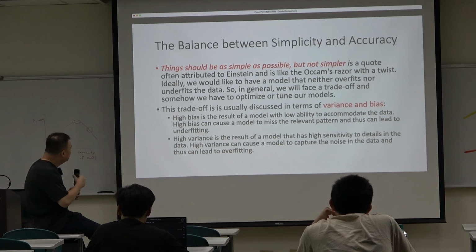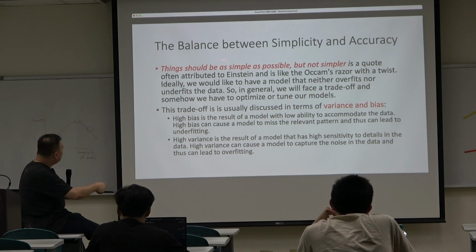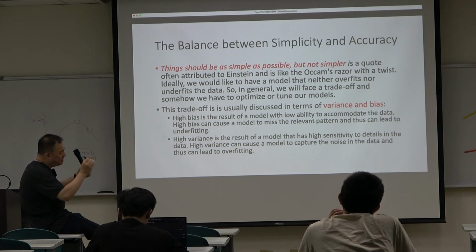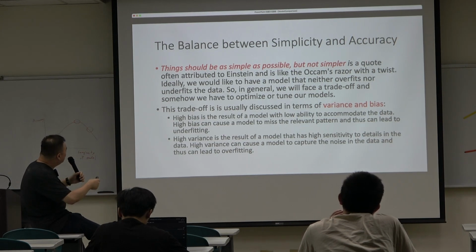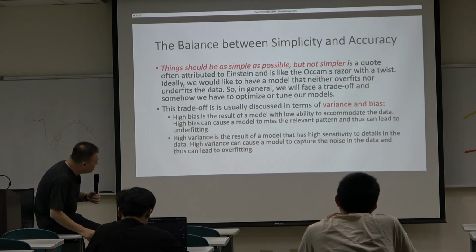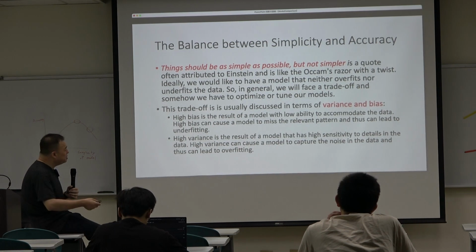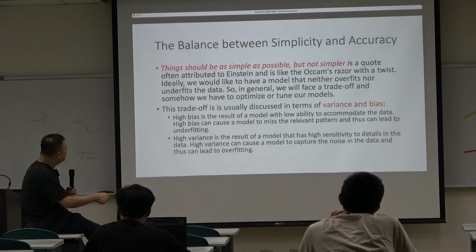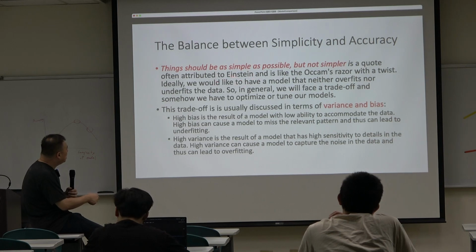Okay, so this is another way to say the trade-off between complexity and accuracy. We can rephrase this as the trade-off between variance and bias, but they pretty much mean the same thing. Okay, so we want, this quote is from Einstein.